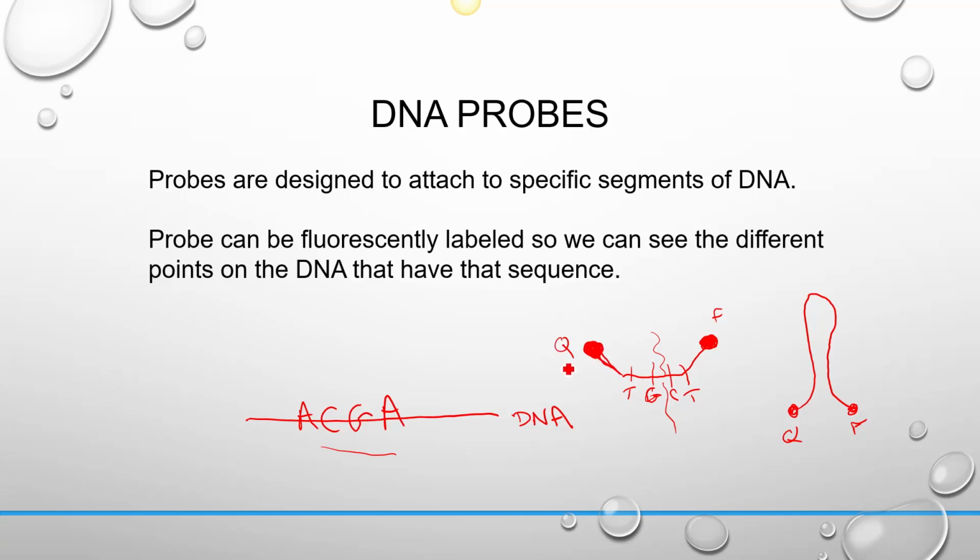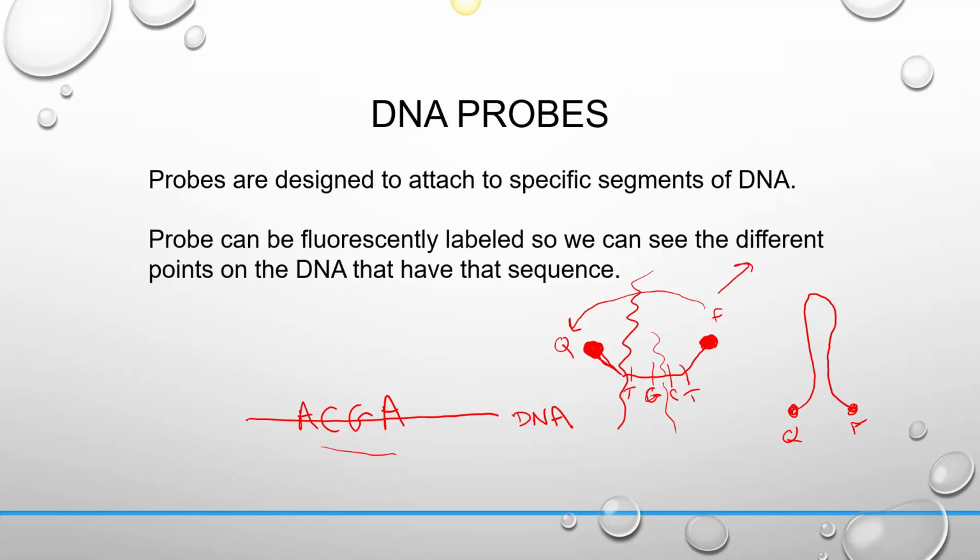So a quencher is going to absorb a fluorescent signal. So if this tries to fluoresce, the quencher is going to absorb it all. And when you're looking at this, you won't see anything glowing. But if this quencher gets broken away from the fluorescence, the quencher won't be able to absorb all the fluorescence.